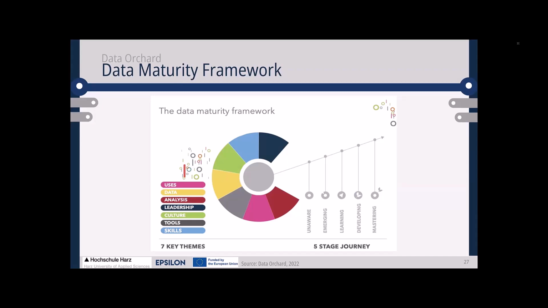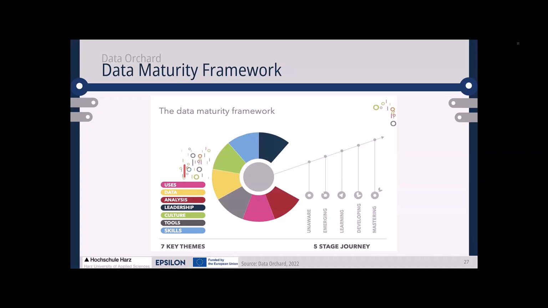Are all the people working in the organization aware of the data collection process, or is there no culture of data itself? And then the tools. So which tools are applied in order to work with data? And what about the skill set? So are the people who work in this organization trained to work with data?